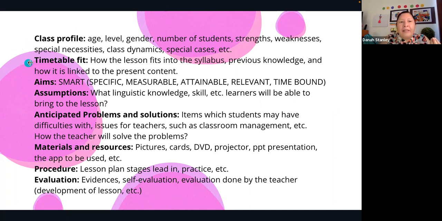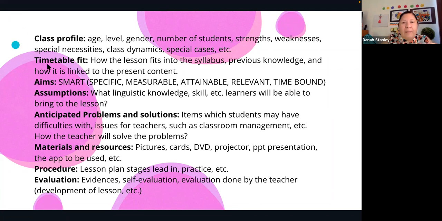Then we have the timetable fit. The timetable fit is how the lesson fits into the syllabus, the previous knowledge, and how it is linked to the present content.